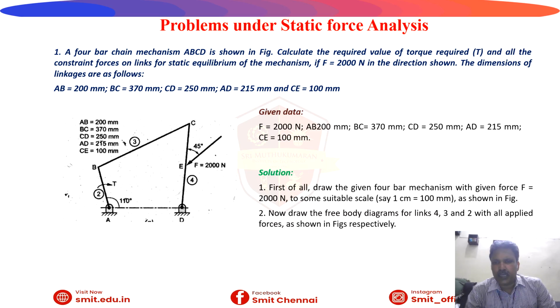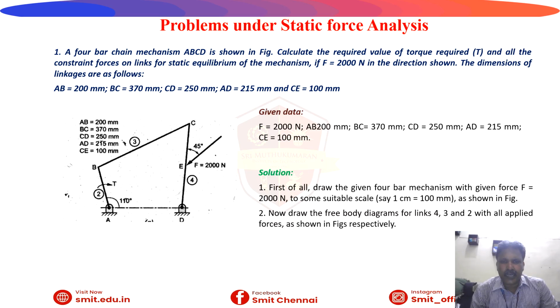First of all, draw the given 4-bar mechanism with the given force F equal to 2000 Newton, to some suitable scale, that is 1 centimeter equal to 100 mm as shown in the figure. So based on the sketch we have to draw it to our scale, 1 centimeter equal to 100 mm based on the ratio.